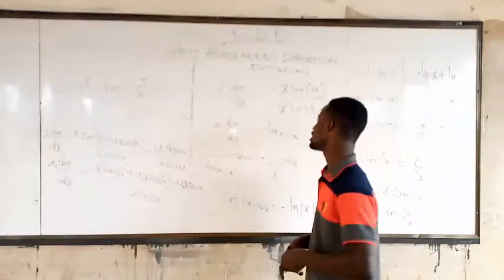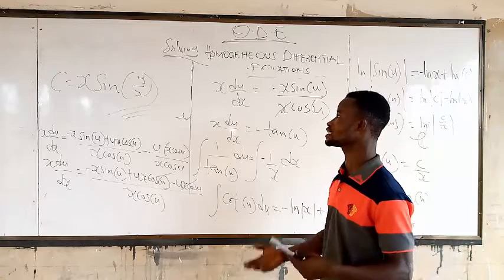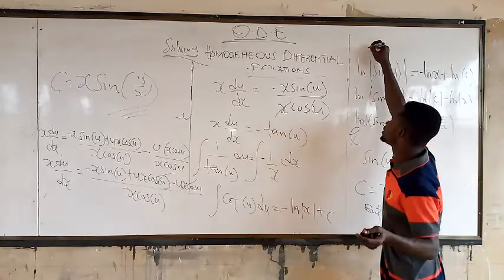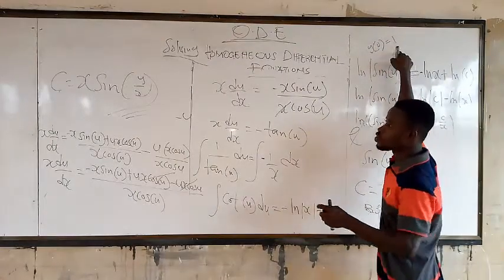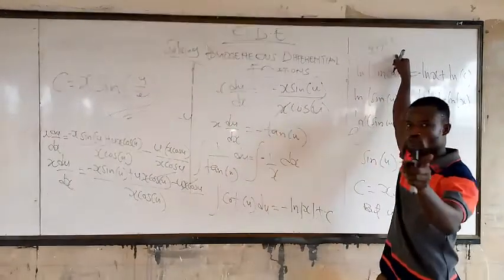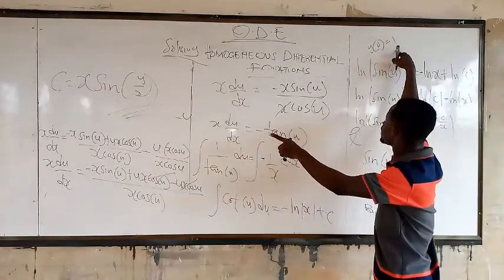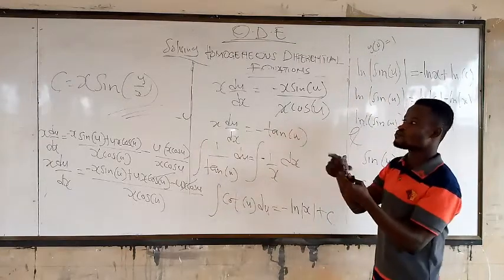Don't forget that in case an IVP, or the initial value problem, is given to you, let's say y(0) = 1, when you get to this side, you know what you do already. You put y to be equal to 1, you put x to be equal to 0. Then you go and find the c.